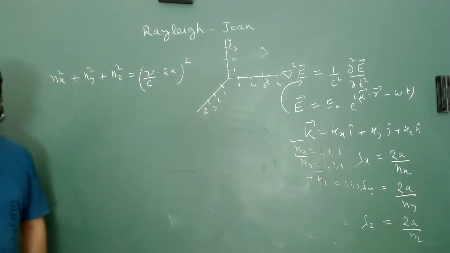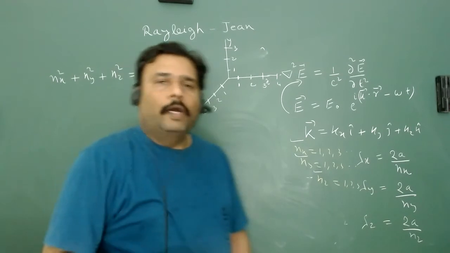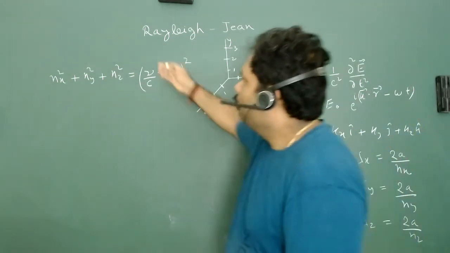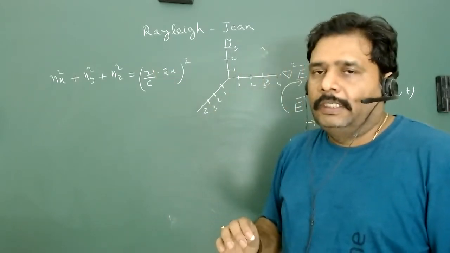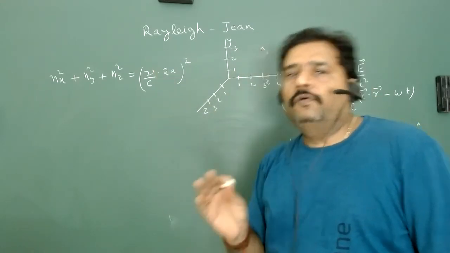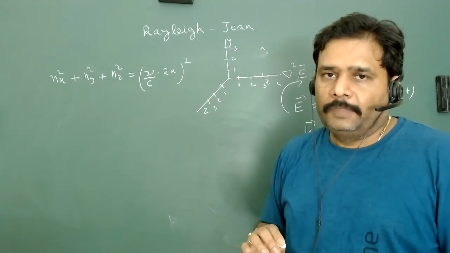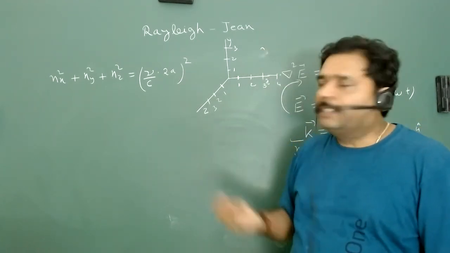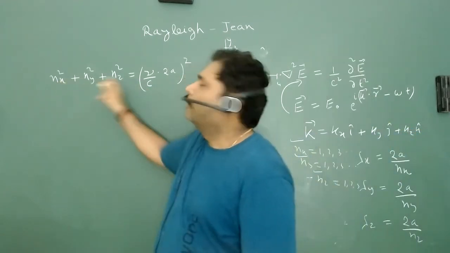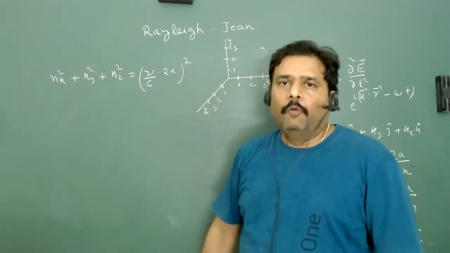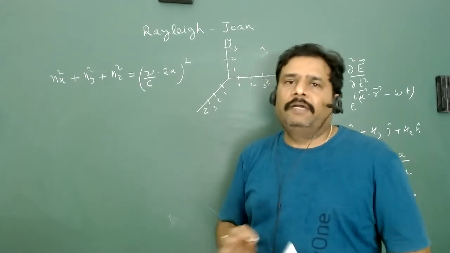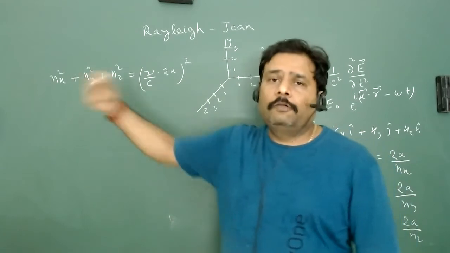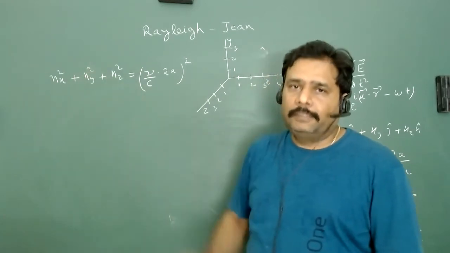What we want is to know the possible number of waves between frequency nu to nu plus d nu. The possible number of waves is nothing but counting the number of nx, ny, nz. What are the possible values of nx, ny, nz between nu to nu plus d nu? If we are able to count that, we can easily count this thing.